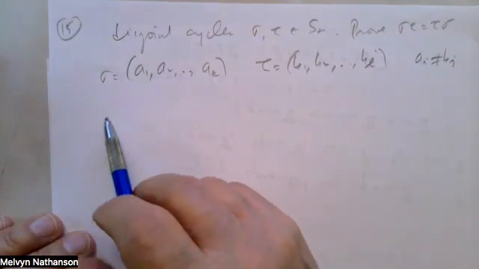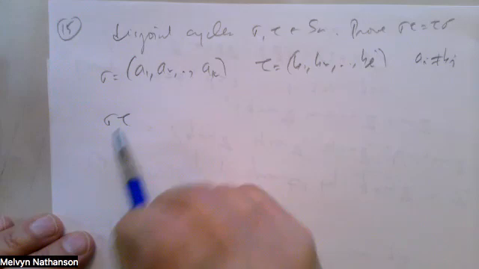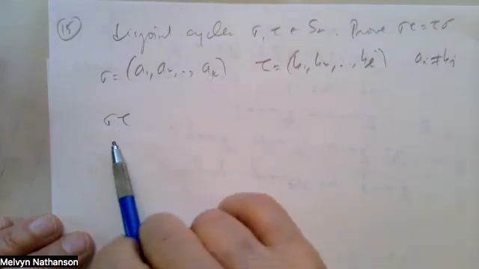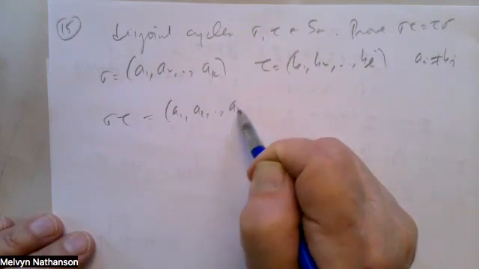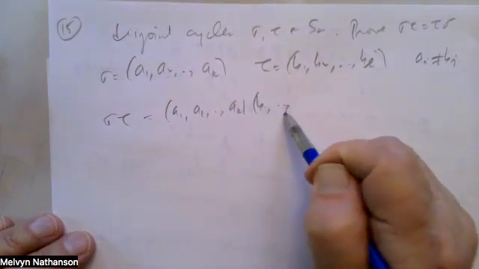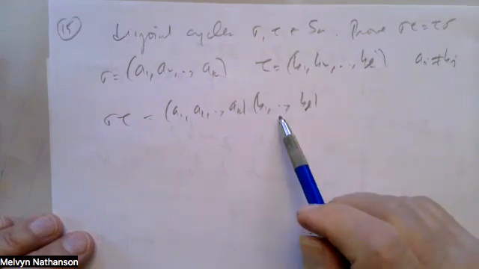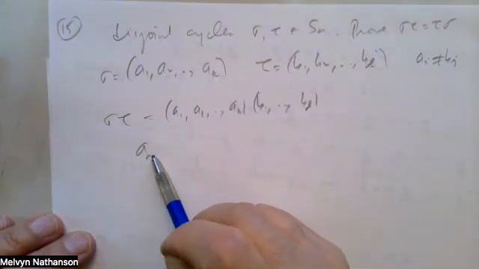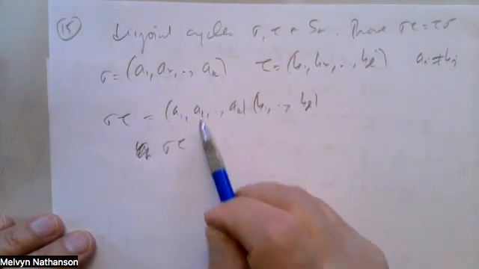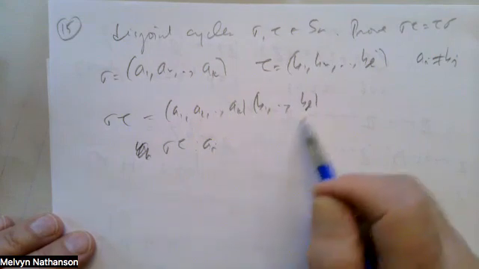So what is sigma tau? That's (a_1, a_2, up to a_k)(b_1 up to b_l). So if I take, for example, an element a_i, what does sigma tau do to a_i?